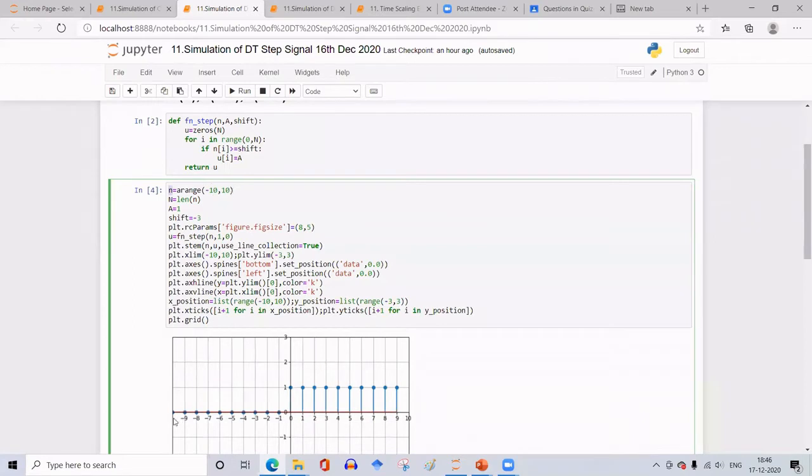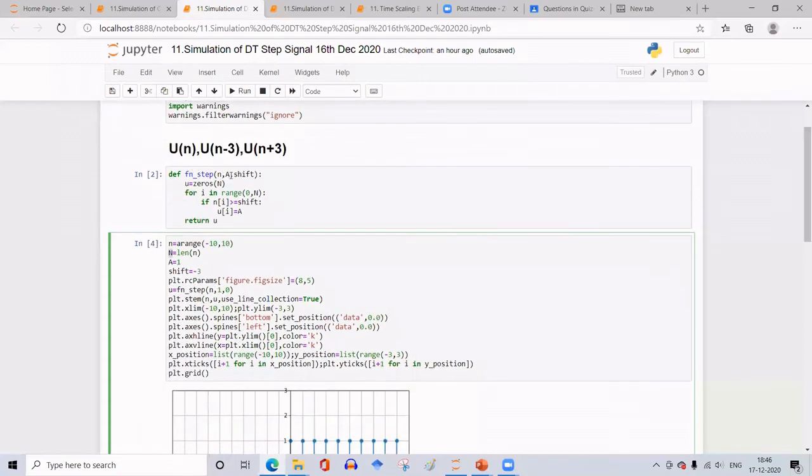So this will mark the x-axis from minus 10 to 10 in discrete form in steps of 1. Then get the length of this n. Then wherever you have t in your continuous time step signal, you just replace it by n. Okay. And initiate u with zeros, having so many capital N points.